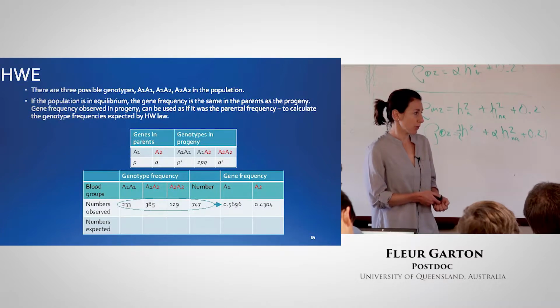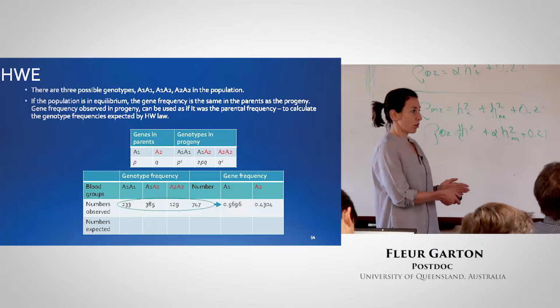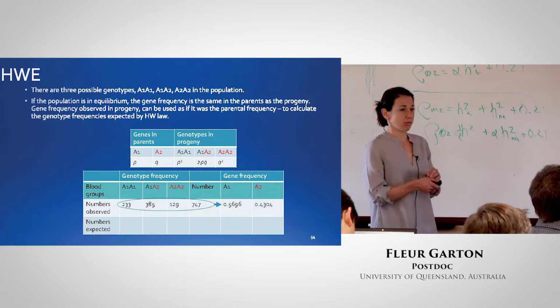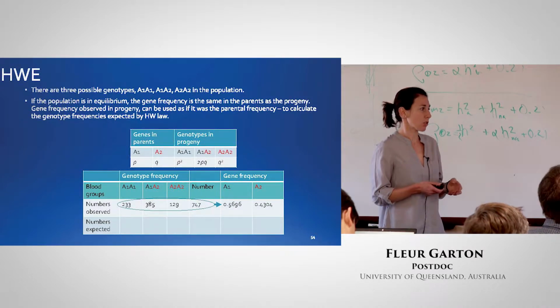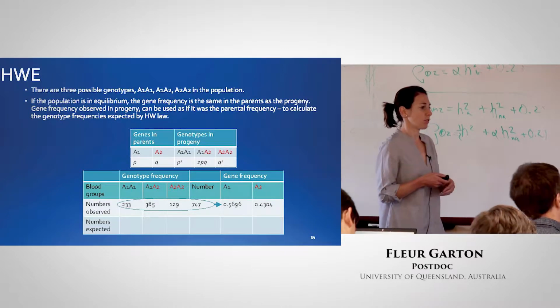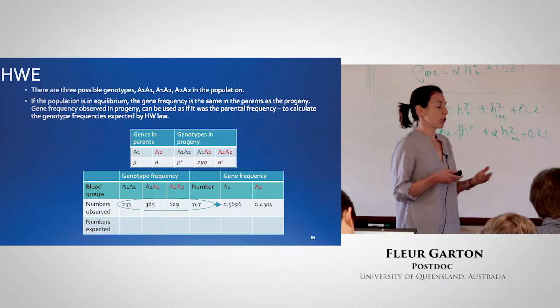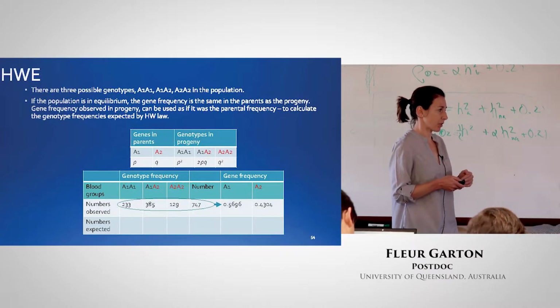So if you substitute these numbers into this equation, you would come out with the expected homozygote, heterozygote, homozygote genotype frequencies. And then you just use a simple chi-square test to see if your observed numbers deviate from what you would expect.